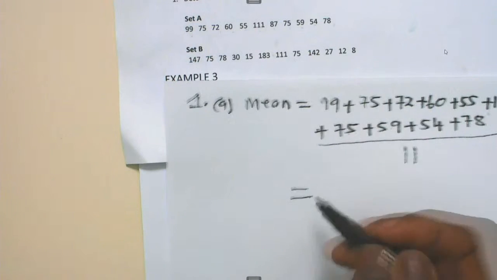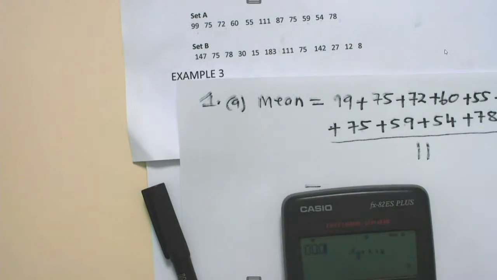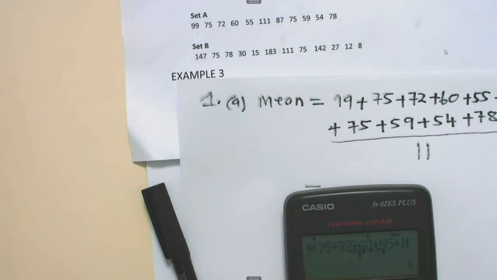So let us quickly add and check the sum of all this data set. It will be 99 plus 75 plus 72 plus 60 plus 55 plus 111 plus 87 plus 75 plus 59 plus 54 plus 78.